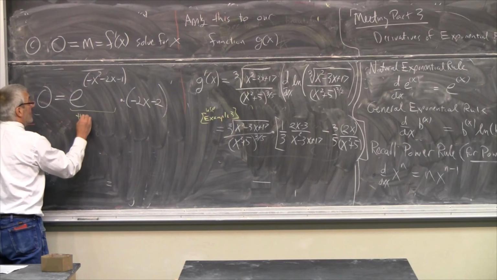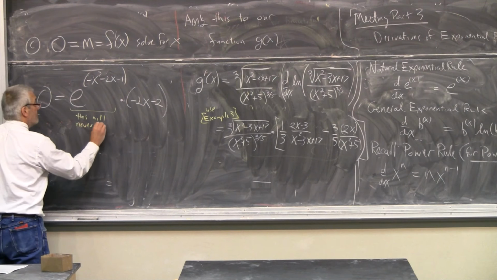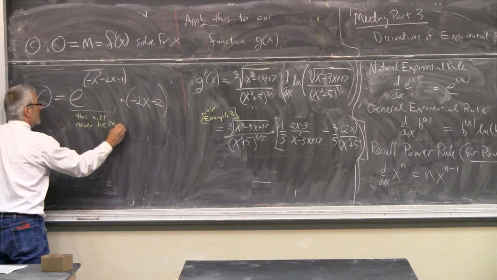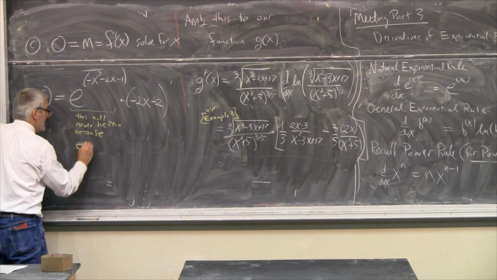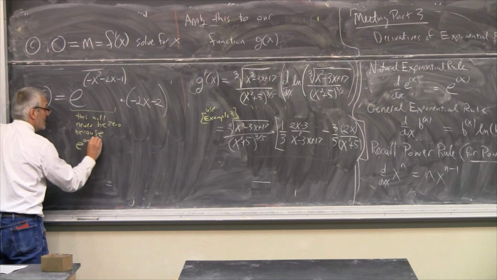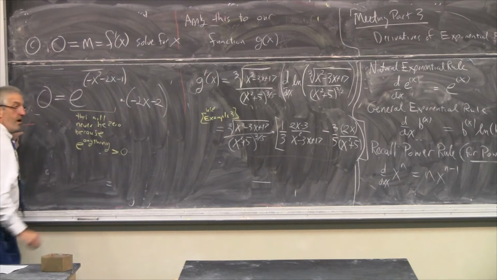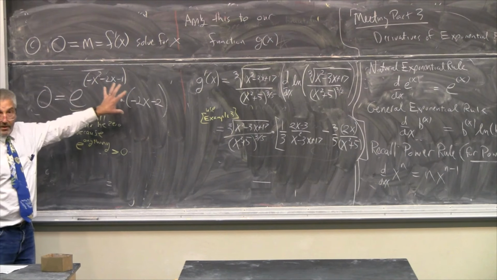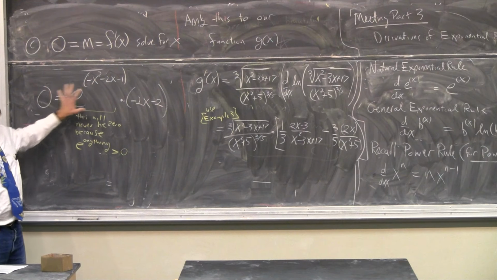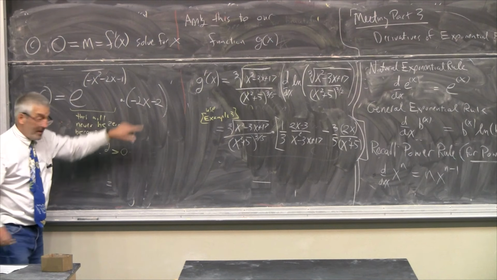So this will never be 0, because, remember, the range of the exponential function is positive y values. So if I've got two things multiplied together and they have to give me 0, and this thing is never going to be 0, that means that this must be the thing that's 0.